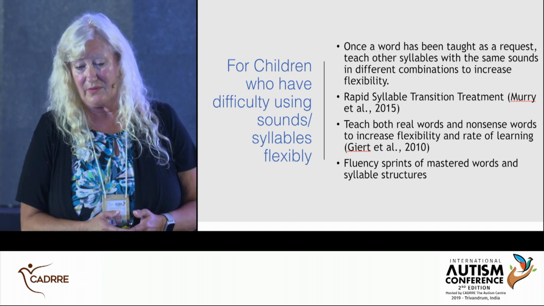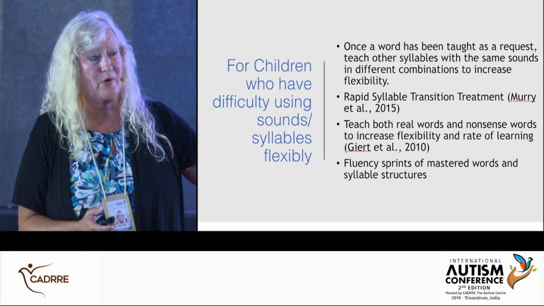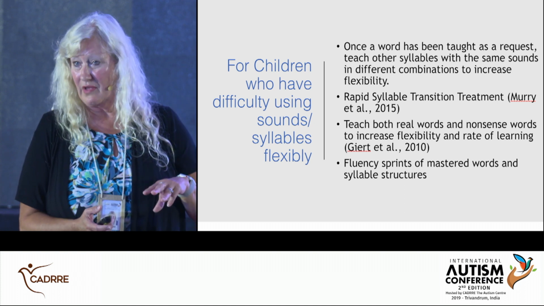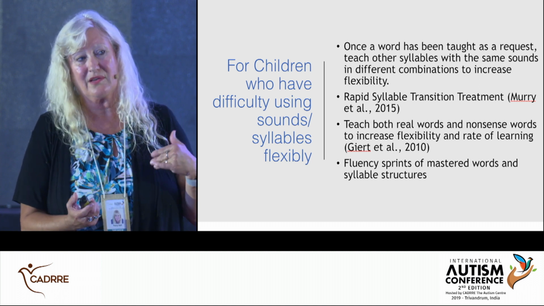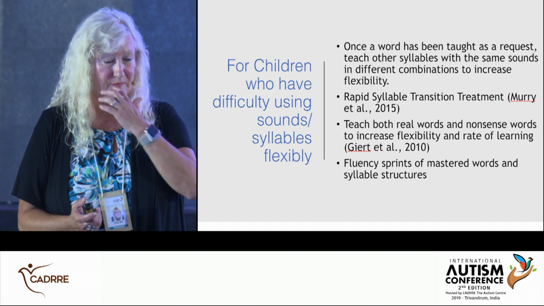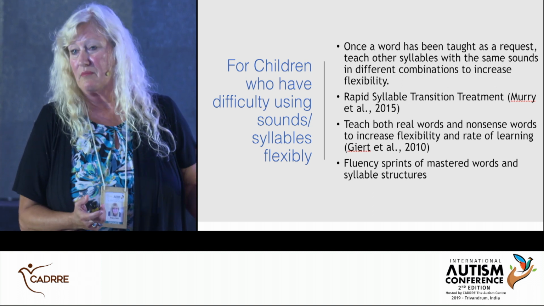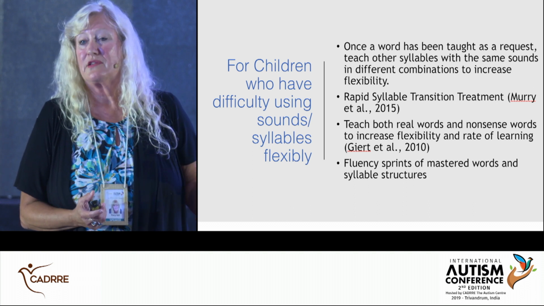There's a couple ways to do it. The rapid syllable transition treatment is for kids with apraxia, not necessarily with autism, but we can combine and blend that. The way I do that is, for example, a child has mastered saying ball, or ba for ball. I don't want it to always be ba.